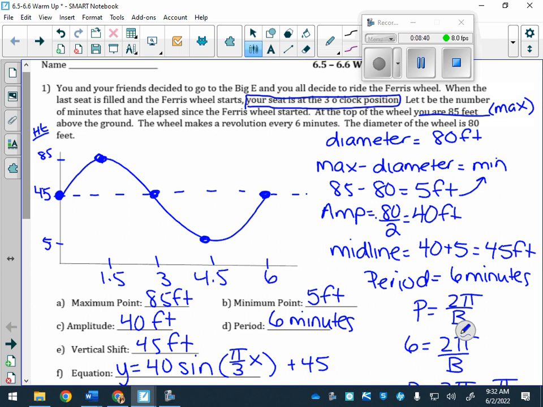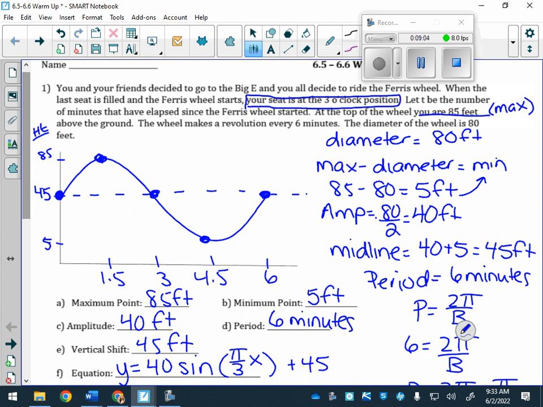So what would it say for cosine? If it was cosine, for the Ferris wheel, it would either start from a platform of the lowest point, which typically you won't see. It would be up above a little bit, okay? Cosine will pretty much be your tide graphs, okay?